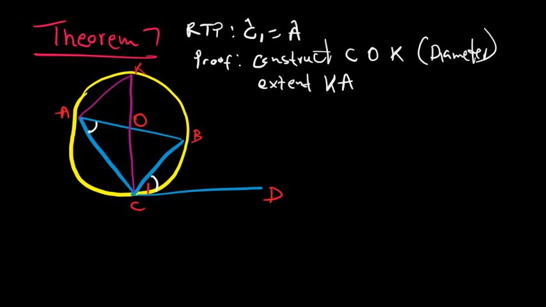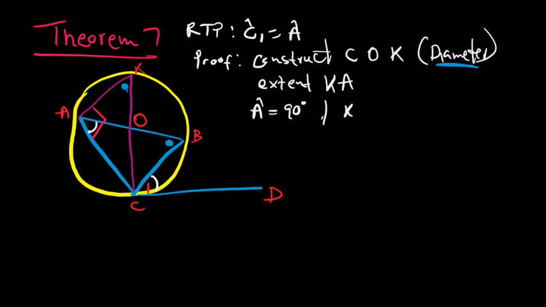If you can see, there's Theorem 6 here. What do I mean by that? This angle here is equal to this angle here. So that is your Theorem 6. But anyway, we don't look at that for now. What we can note is that since COK is a diameter, the angle at the circumference, this angle here, is 90 degrees. So angle A is equal to 90 degrees.